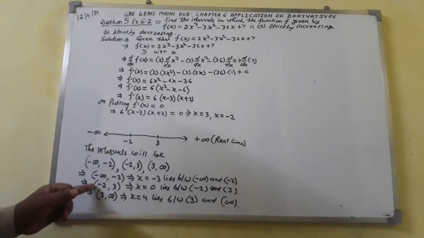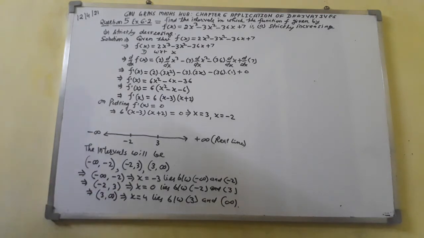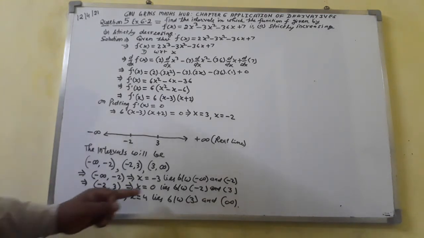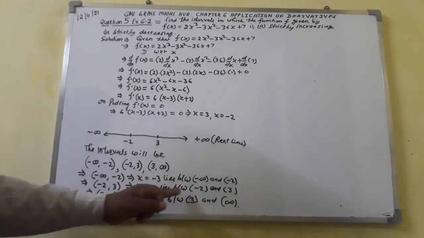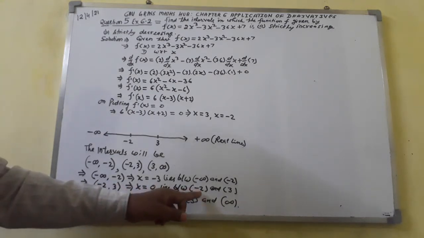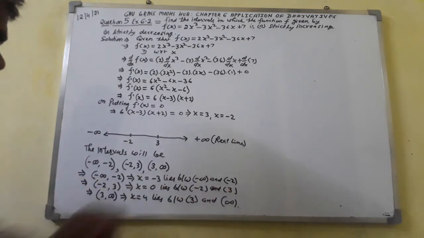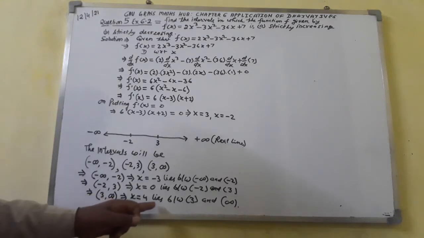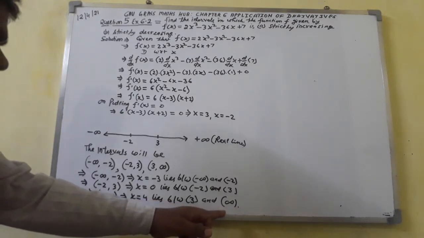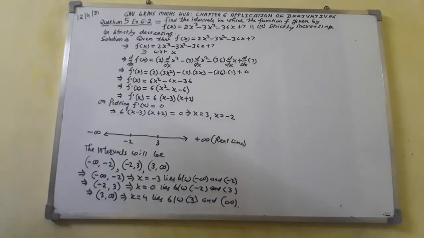And here open interval minus 2 comma 3 open interval, x equal to 0 will lie between minus 2 and 3, and here open interval 3 comma infinite open interval, x equal to 4 will lie between 3 and infinite.